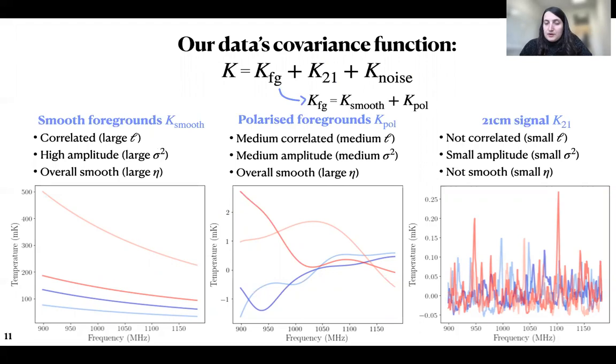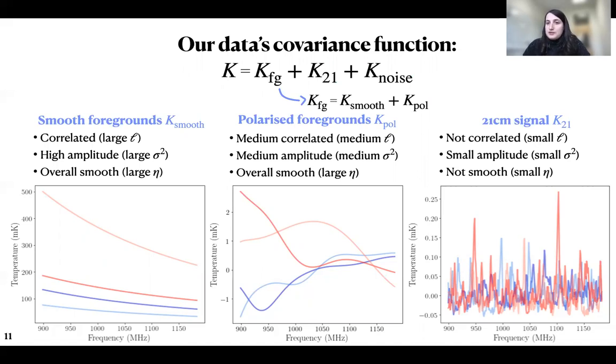The polarized foregrounds come about due to some systematic effects of how the smooth foregrounds interact with your telescope. These become a little bit less correlated in frequency, so we expect a smaller length scale, and they're a little bit less bright, so we expect a smaller variance, but they're overall still very smooth, so we expect a large spectral parameter still.